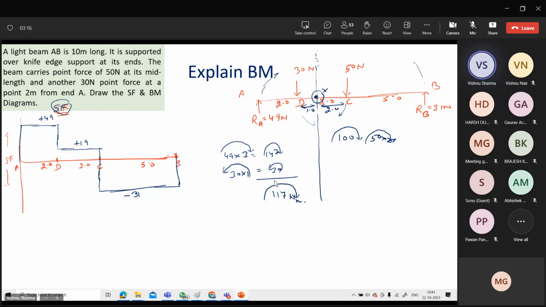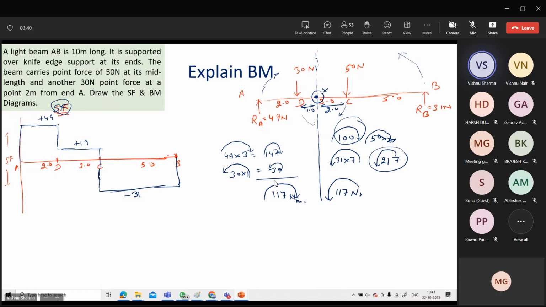RB will cause an anti-clockwise movement, and that is 31 into 5 plus 2, 7. That means anti-clockwise 217. Anti-clockwise 217, clockwise 100. The resultant becomes anti-clockwise 117.